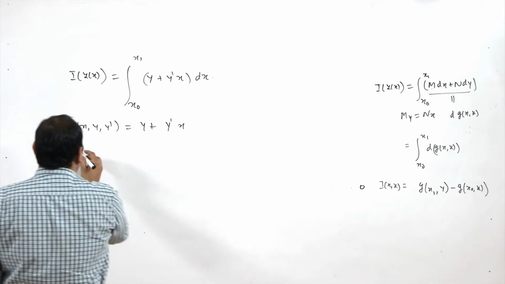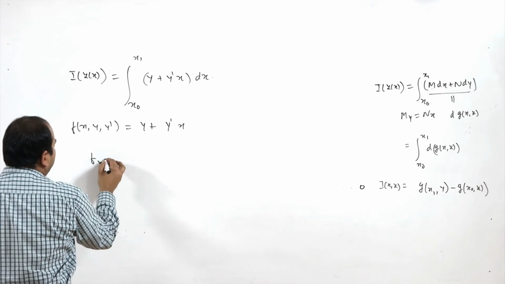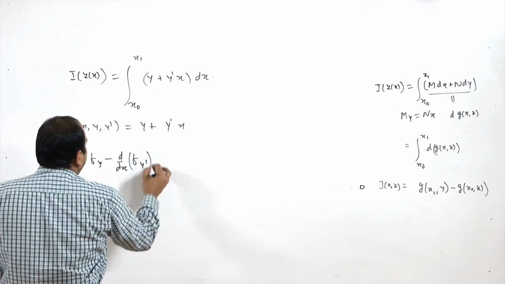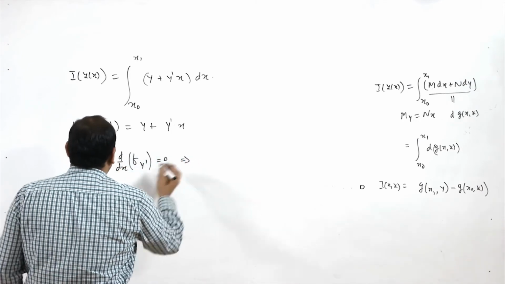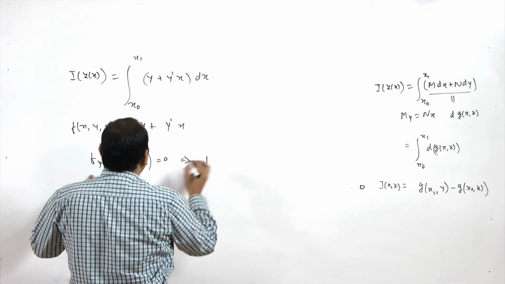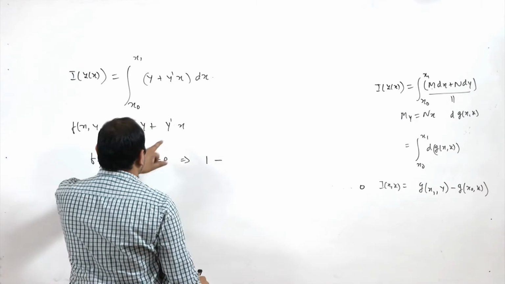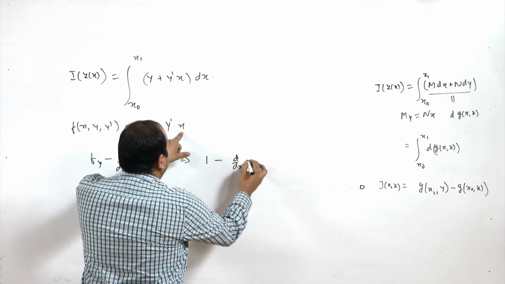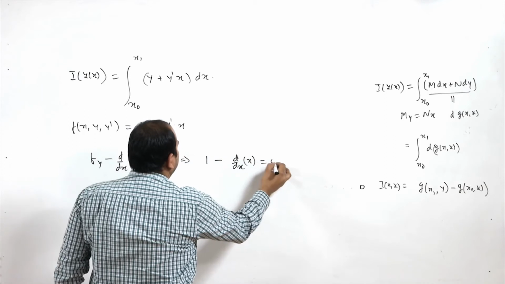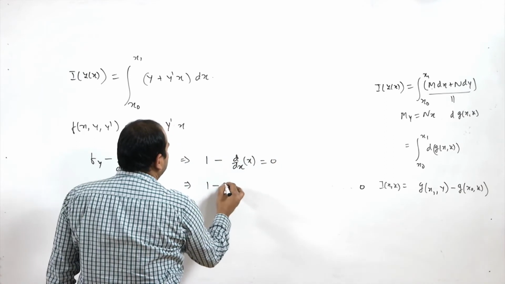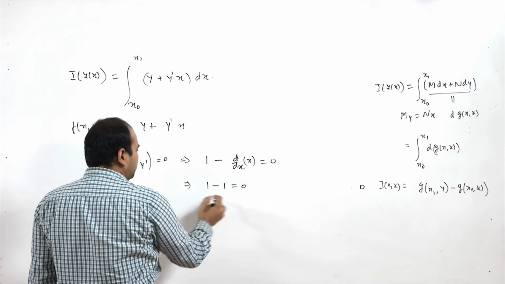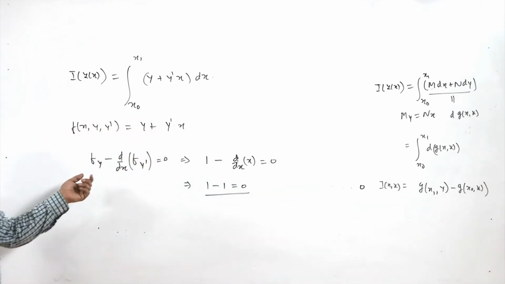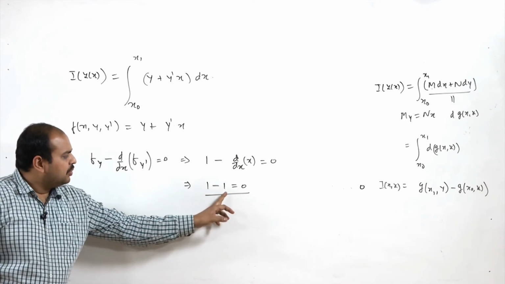So here, the Euler equation is f y minus d by dx of f y dash, which is equal to 0. So f y is simply 1, minus d by dx of f y dash, that is simply x. So d by dx of x is 1, and this is nothing but 1 minus 1 equal to 0. So here in this case, we can say that it is identically equal to 0.